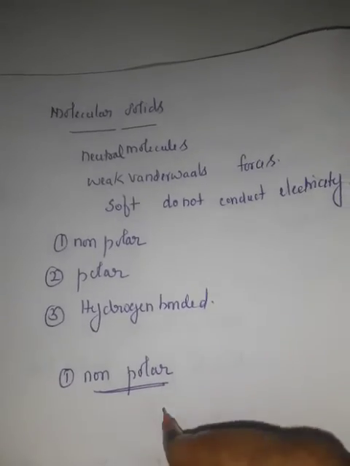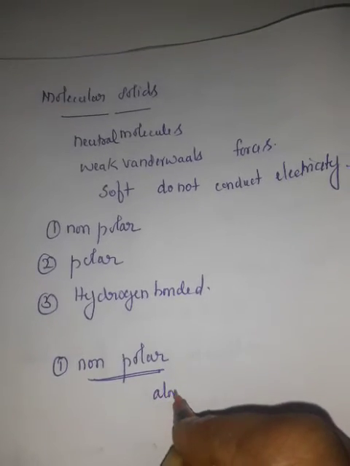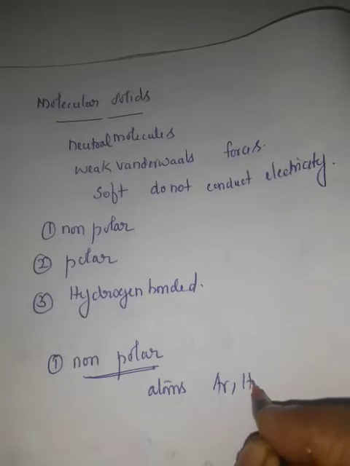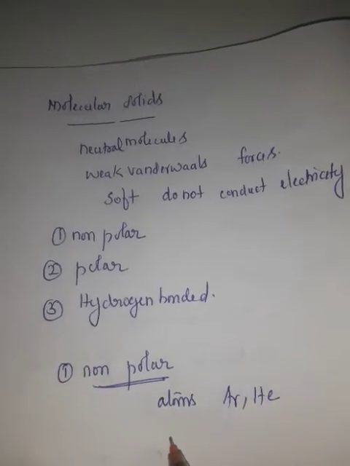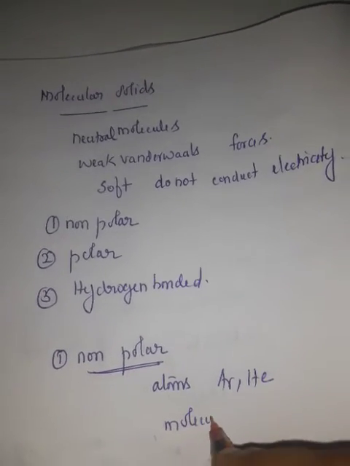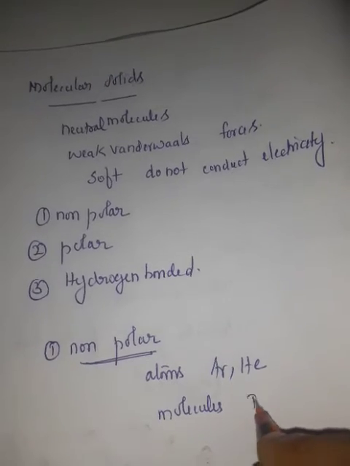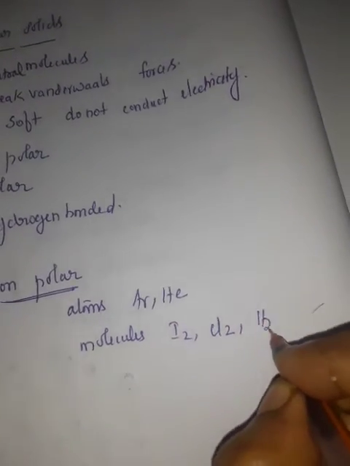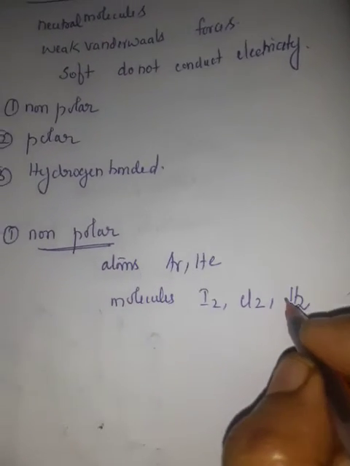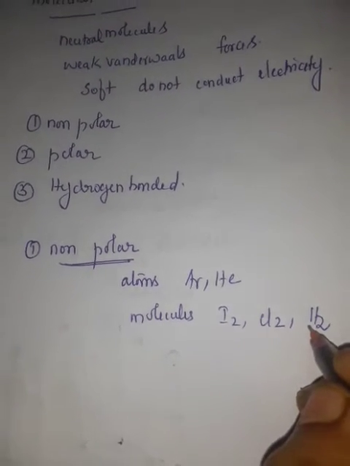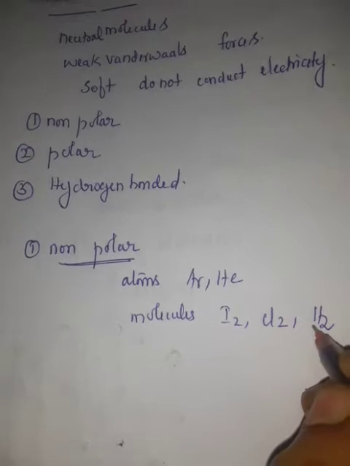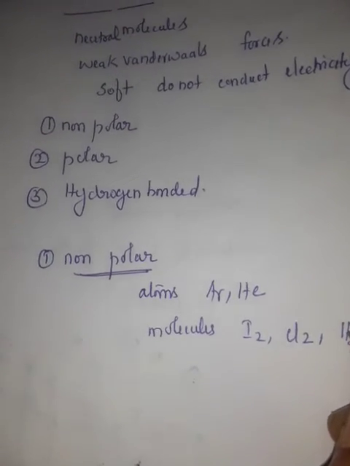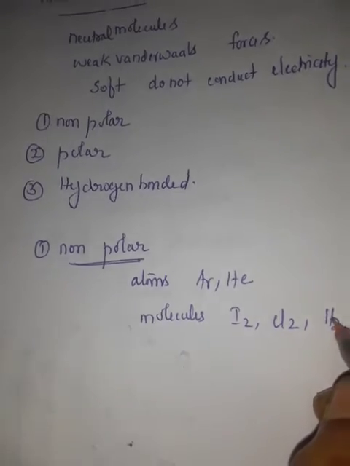Here the atoms like argon, helium and molecules like iodine, chlorine, hydrogen, etc. are formed by non-polar covalent bond. Non-polar, no charge, that is non-polar.